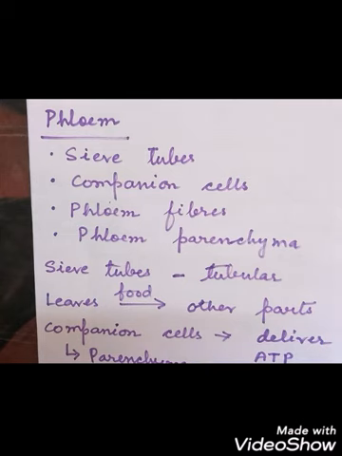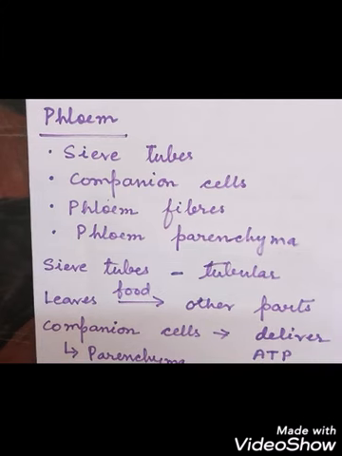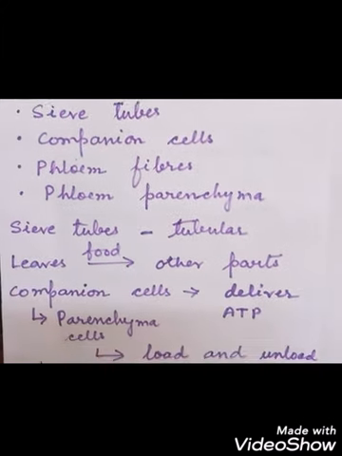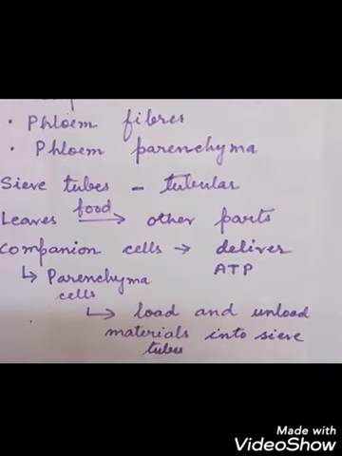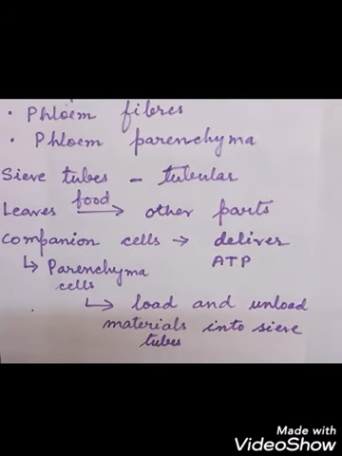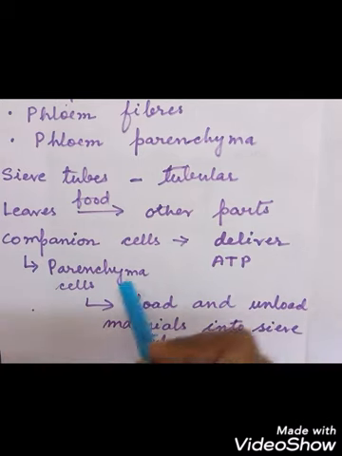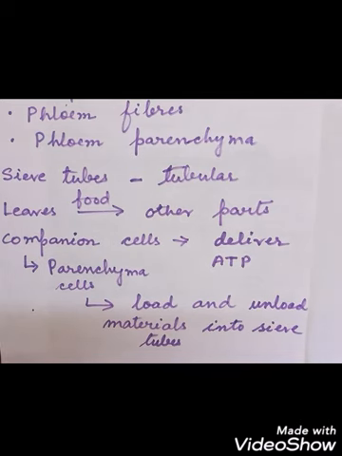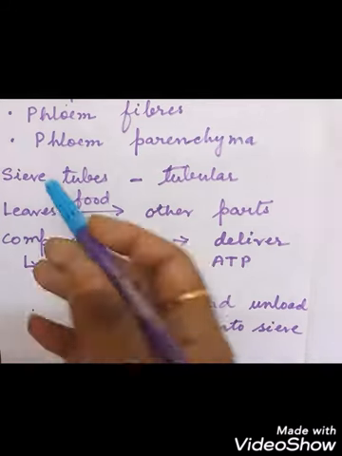The companion cells give the energy, or deliver the ATP, to the sieve tubes to carry on their functions. And there are phloem parenchyma cells, which help in loading and unloading the materials into the sieve tubes. Mainly the companion cells are also parenchyma cells. What type of materials? The food that is prepared in the leaves.